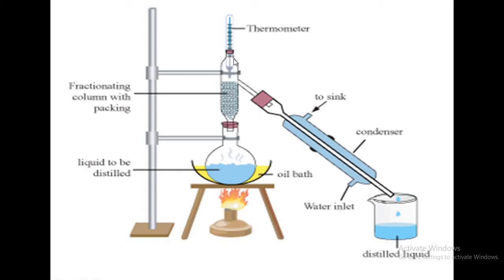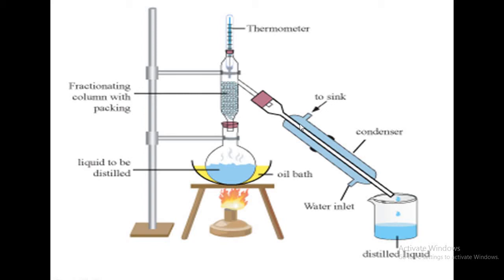According to past paper questions, a point to ponder is where the position of the thermometer should be. The bulb should be very close to the mouth of the condenser, and they usually ask what is the purpose of glass beads. Glass beads are placed in the fractionating column to provide a large surface area for vapors to condense on. And this condenser is attached to the fractionating column to condense the vapors coming from here.